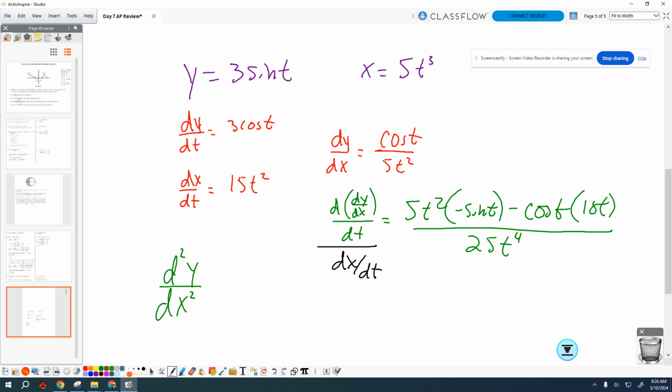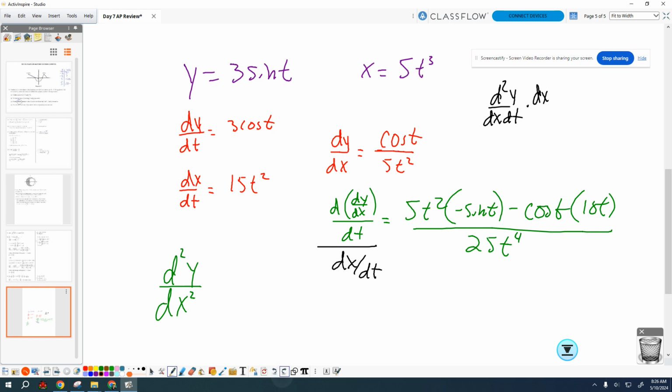So this green stuff is the double change in y divided by dx divided by dt. And when we divide by this, wrong way.